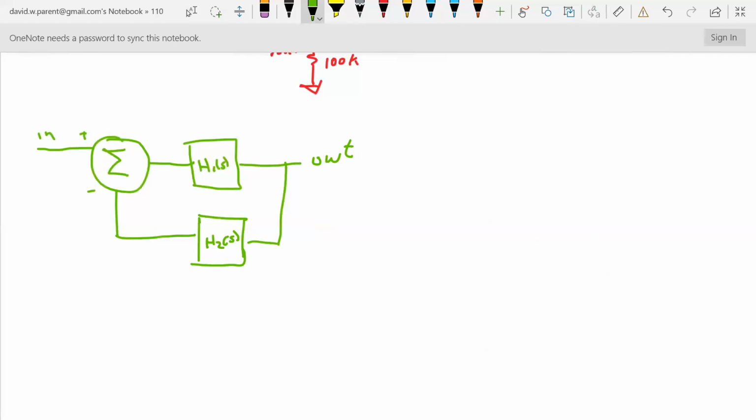But if I look at it, V out equals V in times H1 of S minus, well, V out. And yes, V out depends on this, but you've got to start somewhere, right? Otherwise, you'll go crazy.